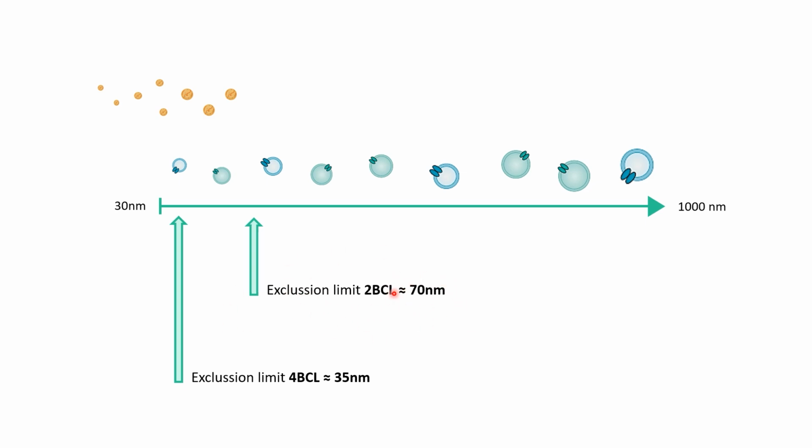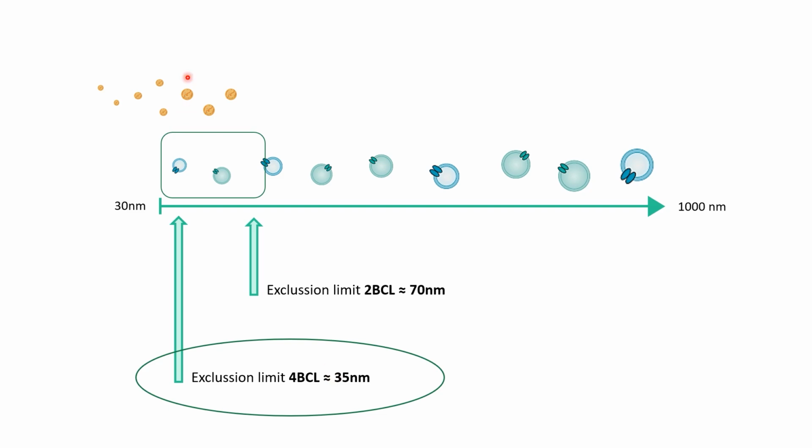The exclusion limit here will be around 17 nanometers, so everything bigger than 17 nanometers will elute first. But then we lose some of the smaller EVs, and if we use the 4BCl resin, the exclusion limit will be 35 nanometers, but then we will have some problems with contamination of lipoproteins.